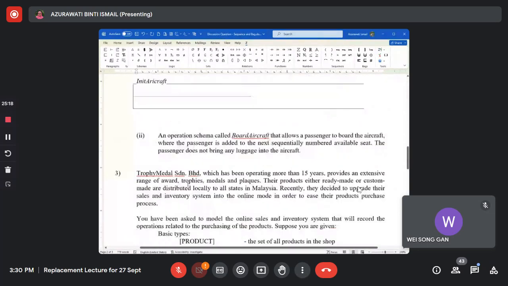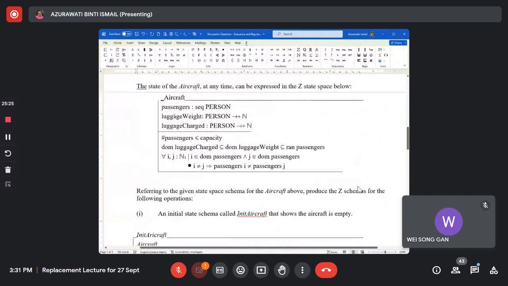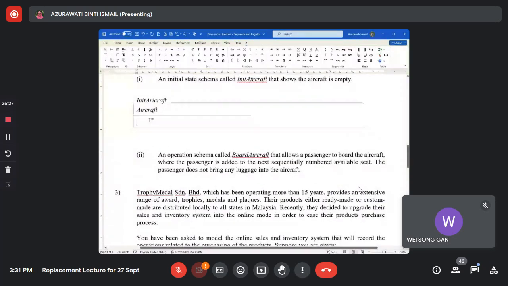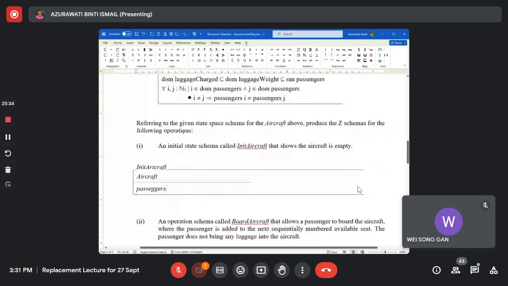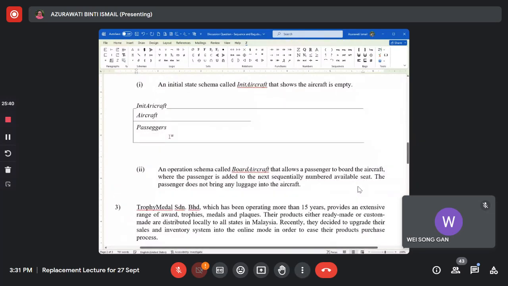Our state space is called aircraft, and then you have passengers, luggage weight, and luggage charge.